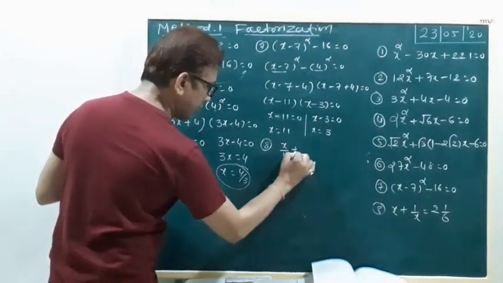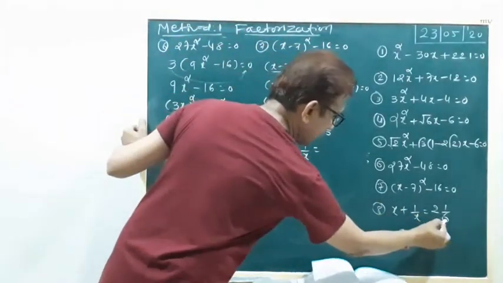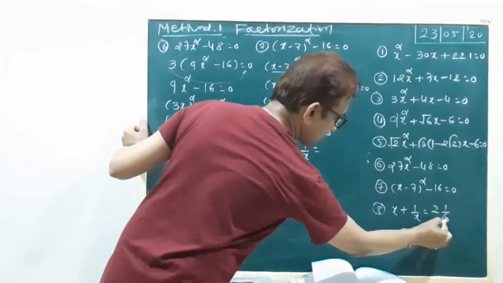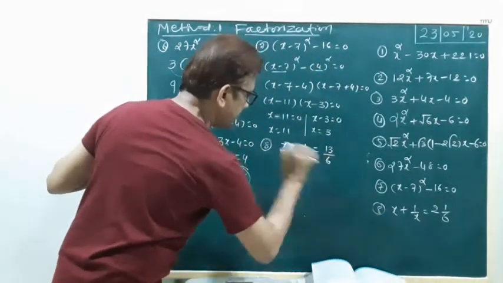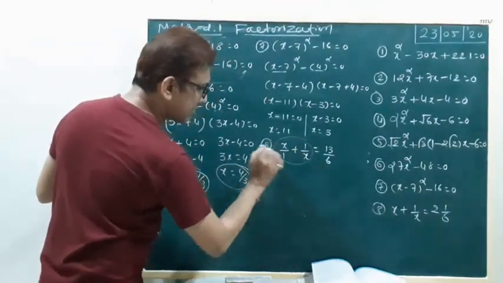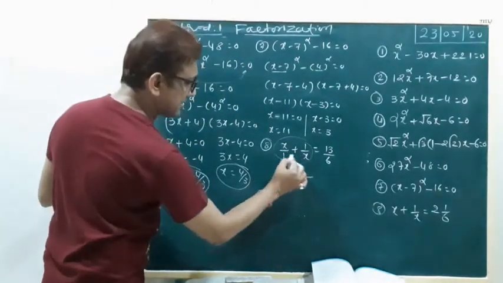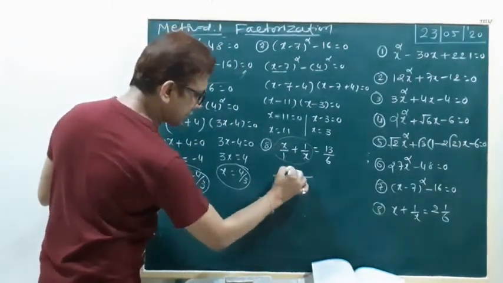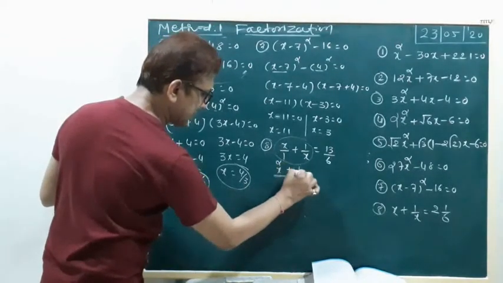Now question number 8: x upon 1, 1 upon x, with a mixed fraction. Convert it to a simple fraction: 2 6s are 12, 12 plus 1, 13 by 6. First we do the cross multiplication on the left side. LCM is x: x into 1 is x, then x into x is x square, and 1 1s are 1.